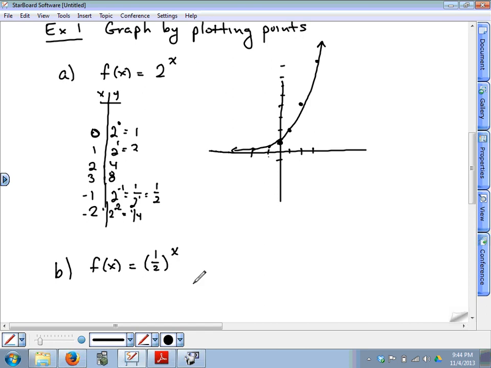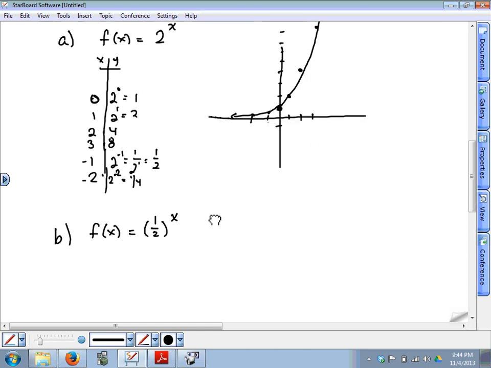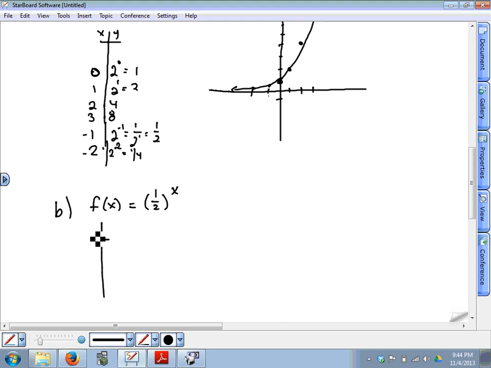Same method, we're going to graph this by plotting points. So if we're making a table of values, if x is 0, then we have 1/2 to the 0 power, but anything to the 0 power is equal to 1. So (0, 1) is on this graph.